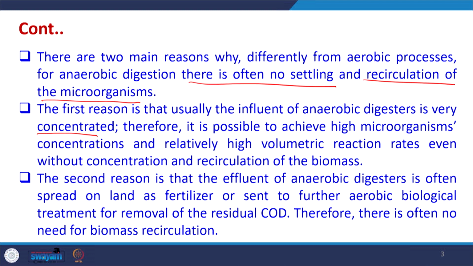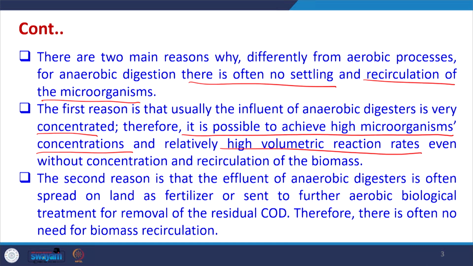Since the influent to the anaerobic digester is highly concentrated, it is possible to achieve a high microorganism concentration within the reactor and relatively high volumetric reaction rates even without concentration and recirculation of the biomass. So, this is one of the reasons.